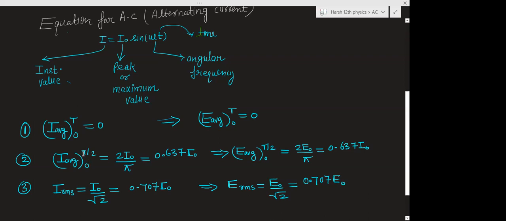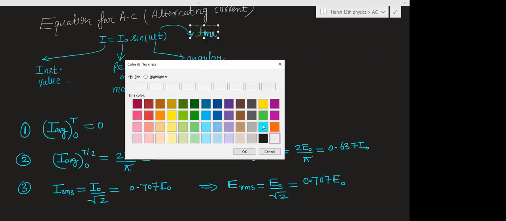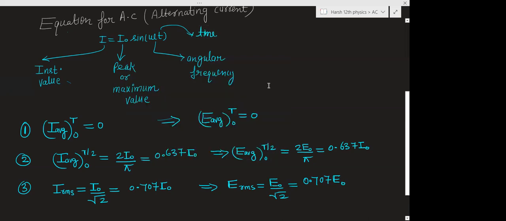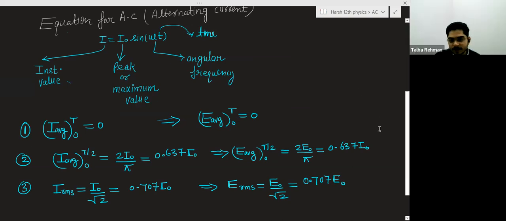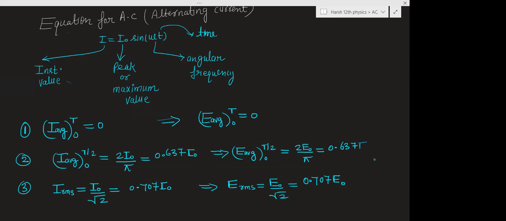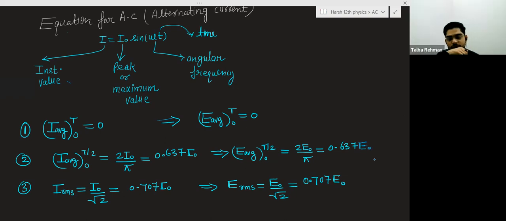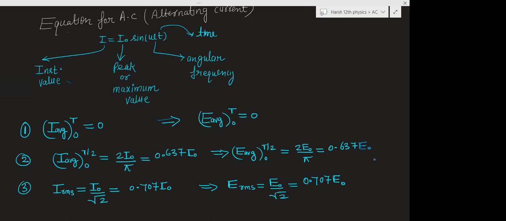Here it will not be I naught; basically here it will be E naught. What is E naught? Maximum value of EMF. What is I naught? Maximum value of current.